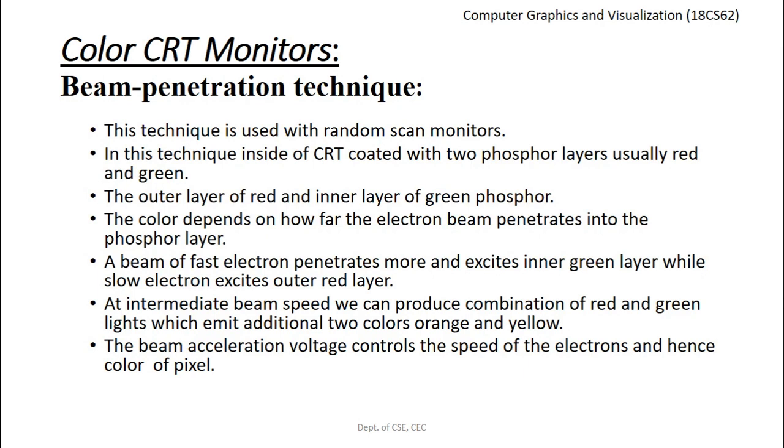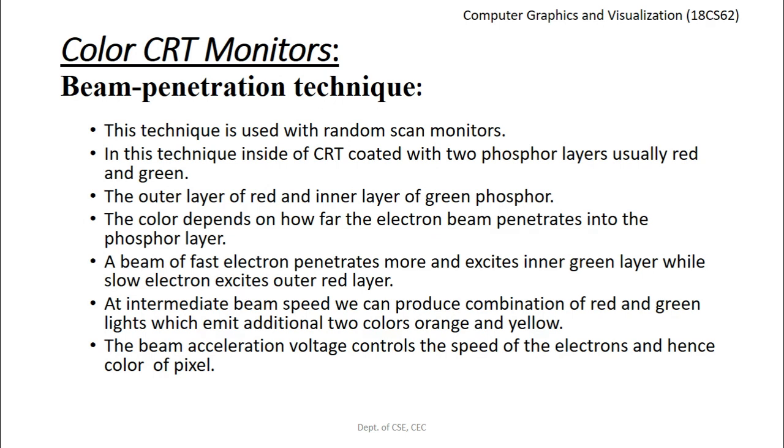In beam penetration technique, the inside of the CRT is coated with two phosphor layers, usually red and green. The outer layer is red and the inner layer is green phosphor. The color depends on how far the electron beam penetrates into the phosphor layer. So the color on the screen depends on how far the electron beam can penetrate these two layers of phosphor, one red and one green.